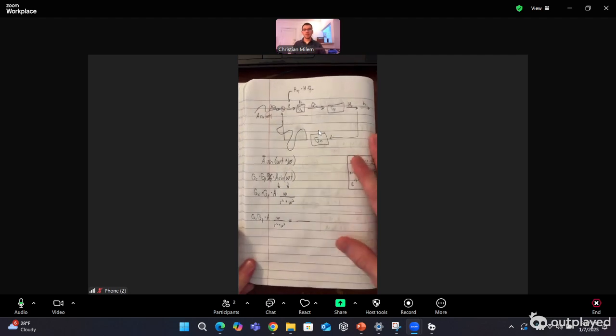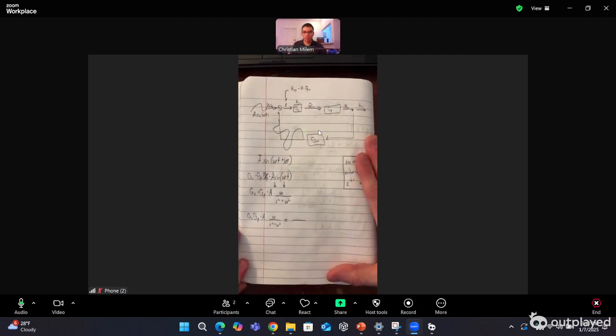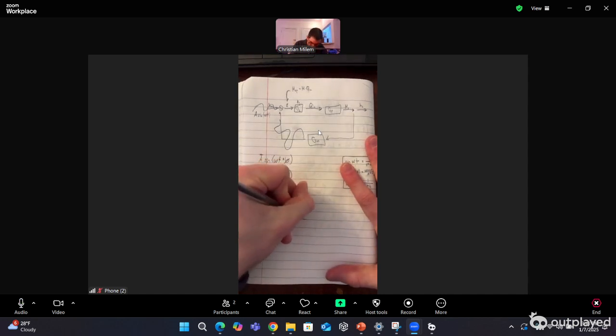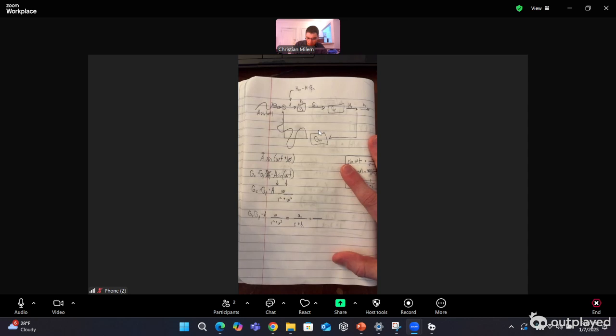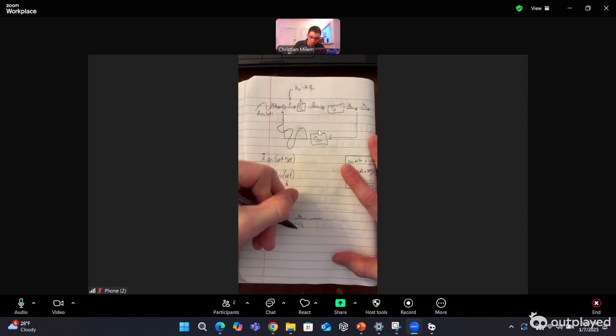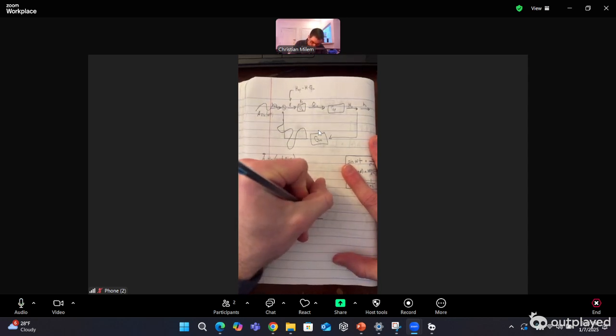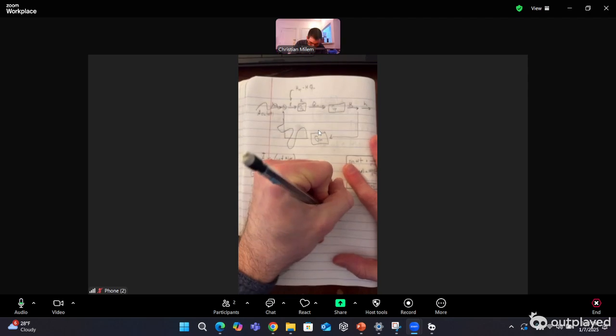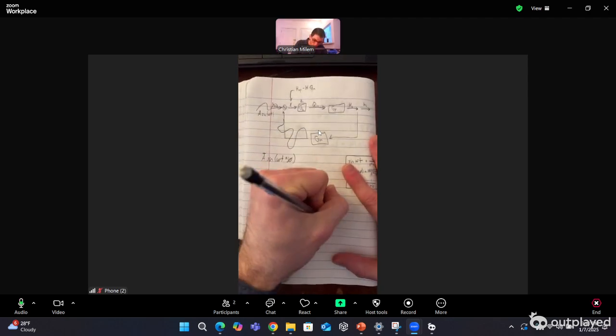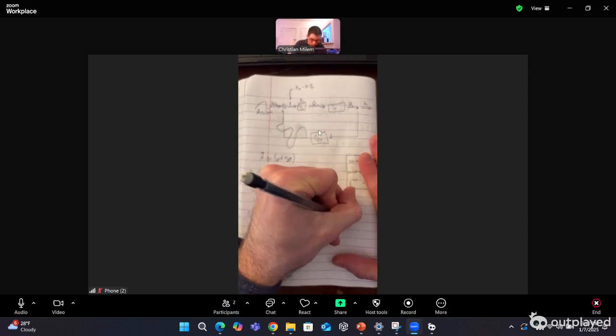It would vary from example to example, and it's not defined how long the partial fraction goes on for, but it follows the general formula of AI over S plus BI plus AI plus 1 over S plus BI plus 1 plus AI plus 2 over S plus BI plus 2, and so on and so on.